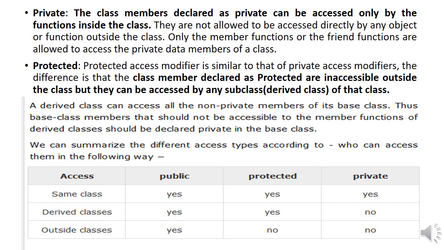Then next is the protected access specifier. If you declare your data members under the protected access specifier, it is almost similar to the private access specifier.